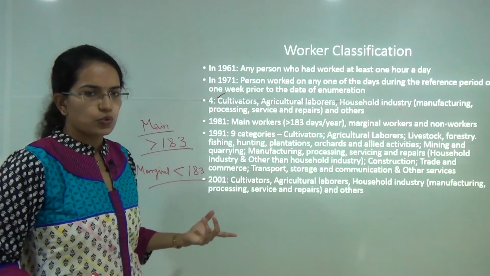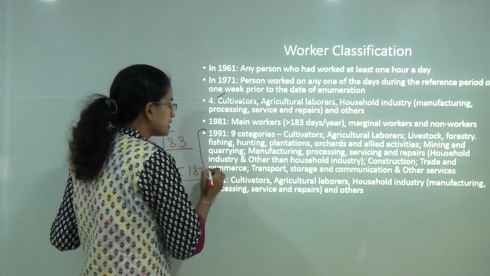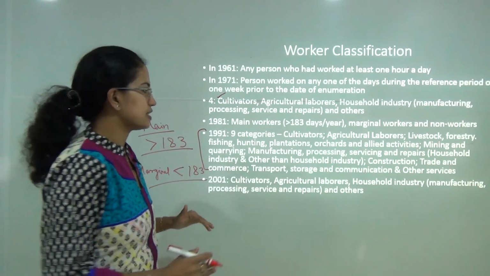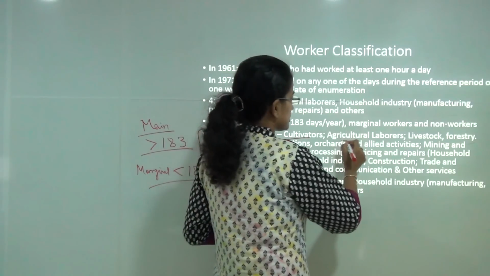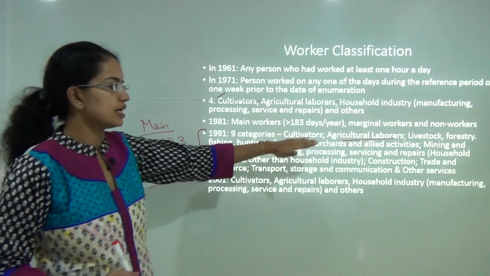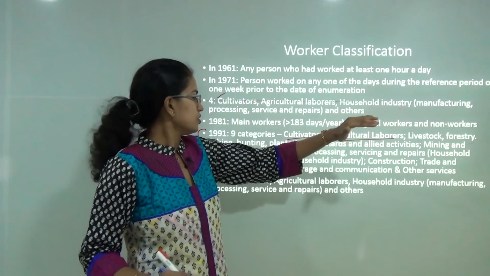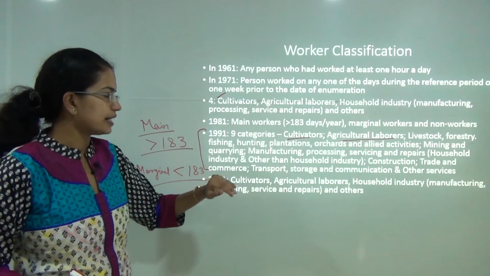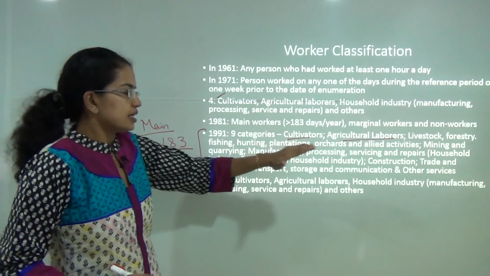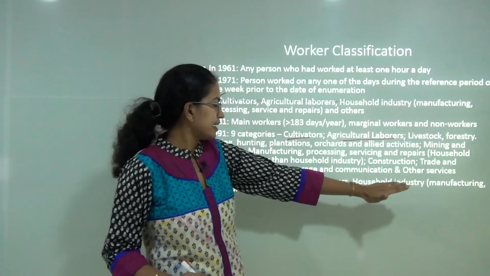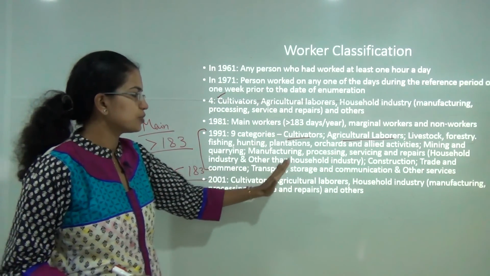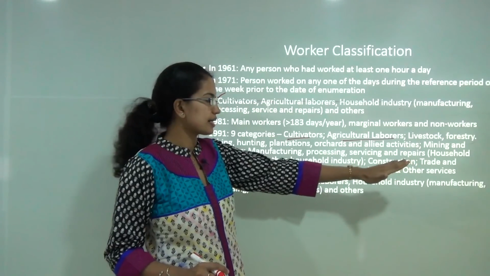1991 was a breakthrough. 1991 had 9 categories of classification of workers: cultivators, agricultural laborers, then livestock, forestry, fishing, plantation and allied under one heading. You had mining and quarrying under one heading, manufacturing and processing under another, construction in a separate category, trade and commerce in a separate category, transport and communication in a separate category, and others.